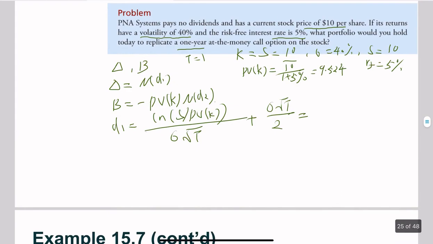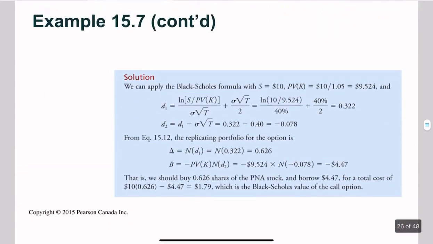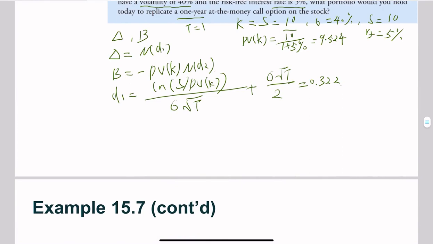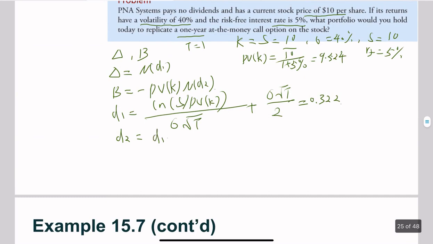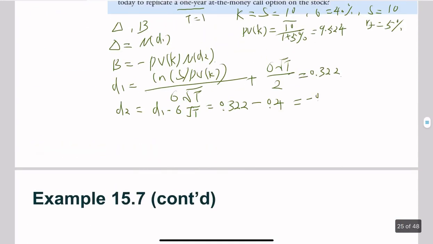And now you could plug in numbers. So I will skip this step, just use the answer from the lecture note. Now it's 0.322. And then D2 is basically D1 minus sigma root T, which would be 0.322 minus 40% times 1. So it's a negative number.